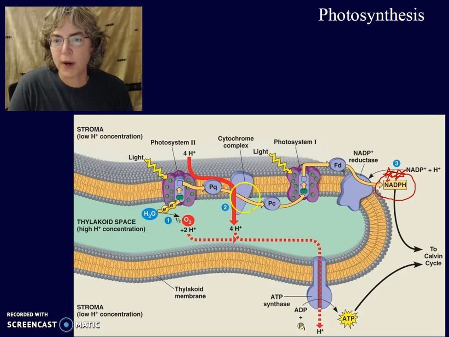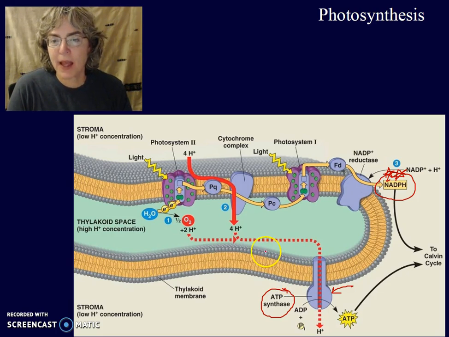In this process right here, so we've got this concentration gradient being set up, and over here is another player that we've seen before, our ATP synthase. And so the hydrogen ions flow through the ATP synthase and turn this wheel, like a water wheel, and make ATP.